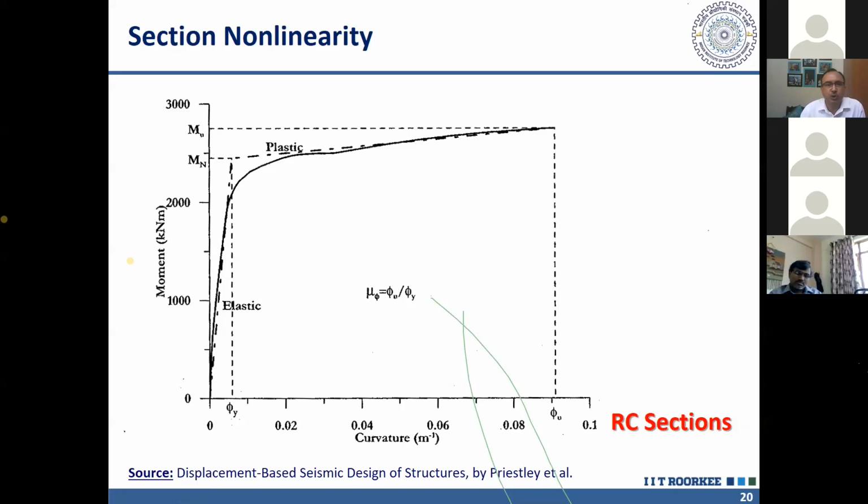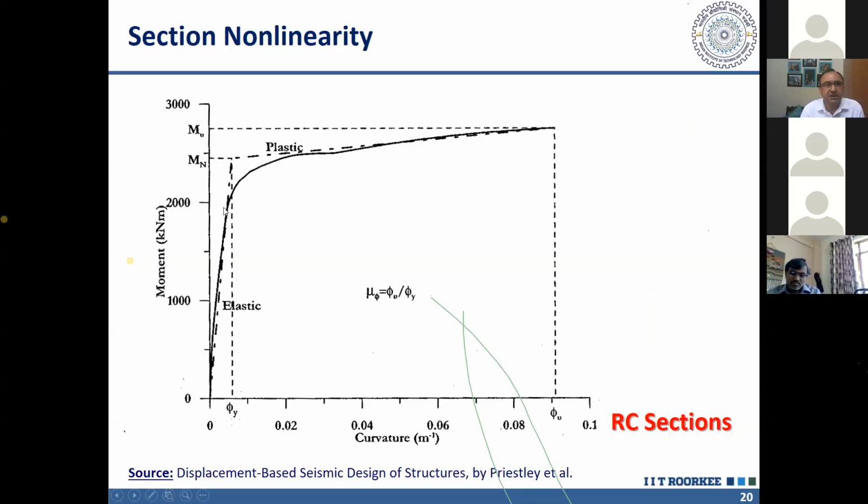Initially the EI value is much higher when the concrete is intact, because then the whole section is effective, and steel, due to its modular ratio, is effective. Its effective area is larger than the actual area, so the moment of inertia is more than the gross moment of inertia. And then the cracking occurs. After cracking, the effective moment of inertia reduces, or the EI value reduces.